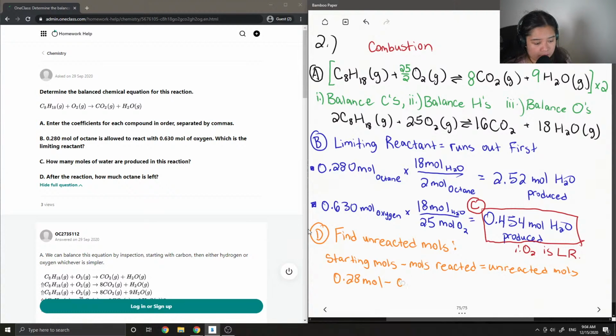To do this, we need to multiply by the molar ratio between the limiting reactant, which is oxygen, and the octane.